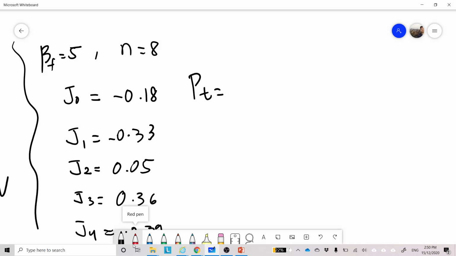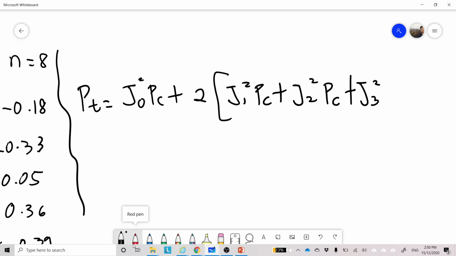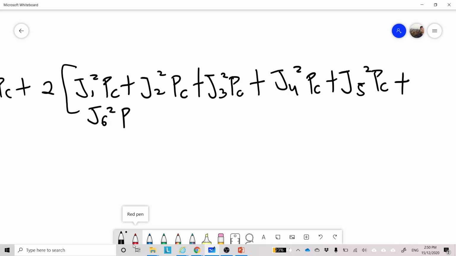So P total is equal to J0 square PC plus 2 times J1 square PC plus J2 square PC plus J3 square PC plus J4 square PC plus J5 square PC, okay, plus J6 square PC plus J7 square PC plus J8 square PC.